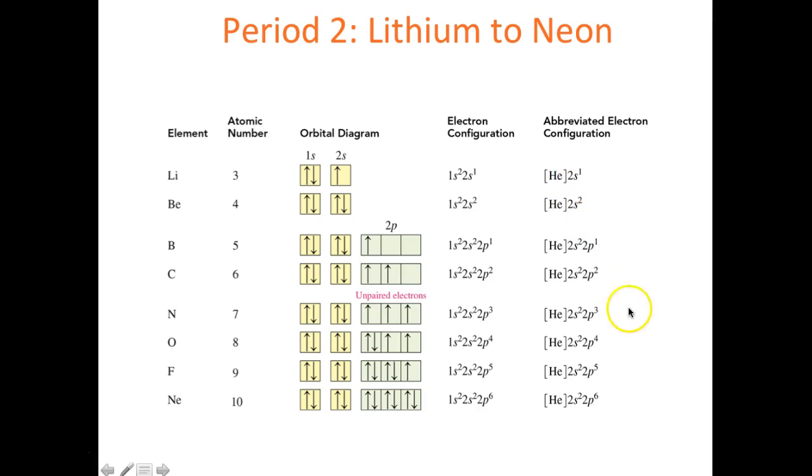Neon also can be represented that way, helium, and then the 2s2, 2p6. Sometimes I've seen students just taking the noble gas and putting a square bracket around it and denoting that to be the abbreviated form, and that would be incorrect. It's always the preceding noble gas, which accounts for a partial amount of the electrons, and then whatever is left over is written out.